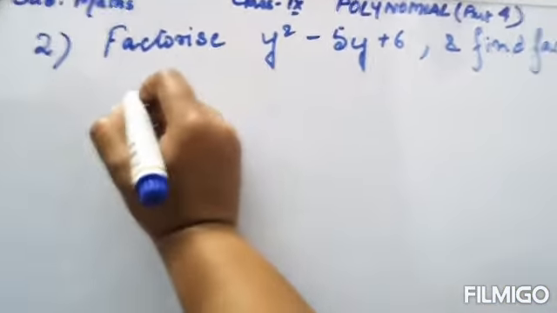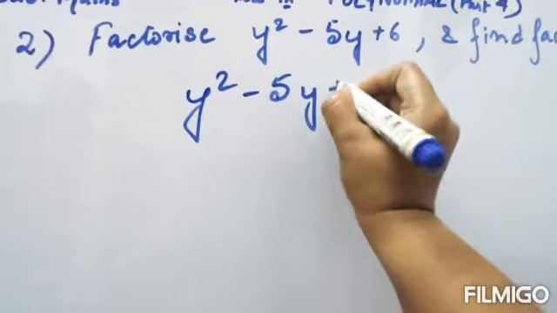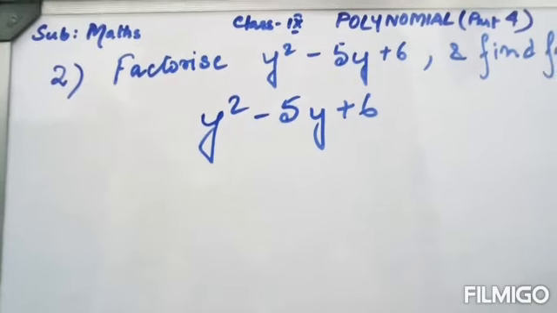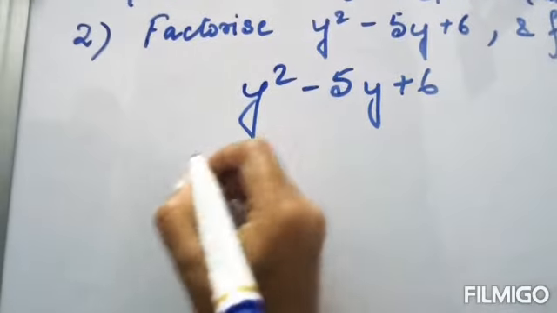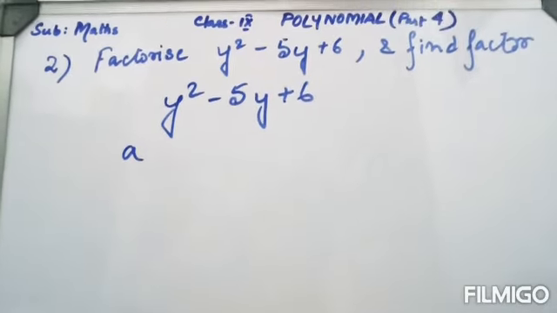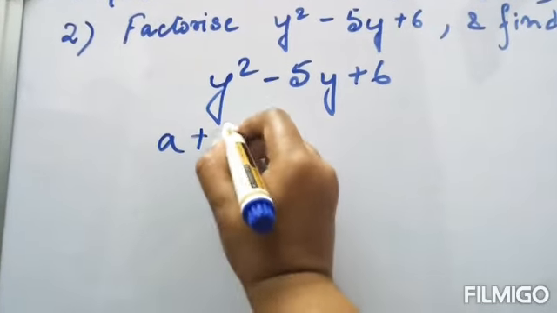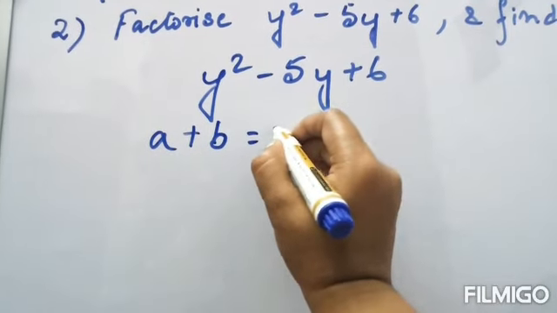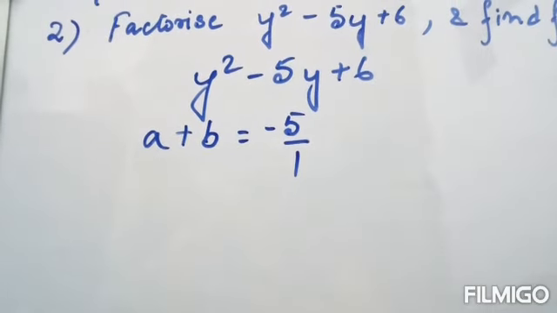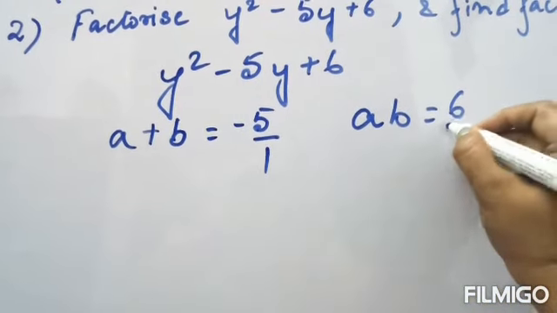Now what does the splitting method mean? We write the polynomial first. If a and b are the zeros of the polynomial, then we know that a plus b will be -5 by 1 and ab will be 6 by 1.